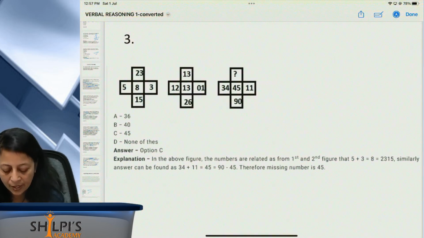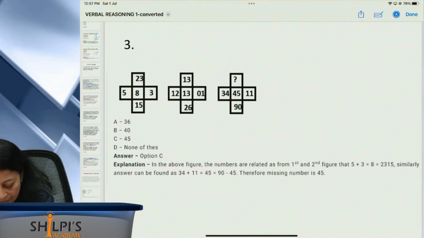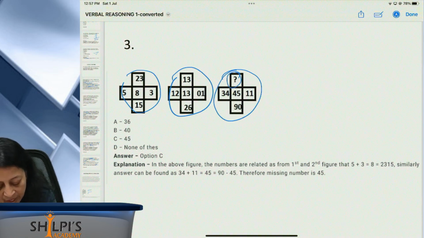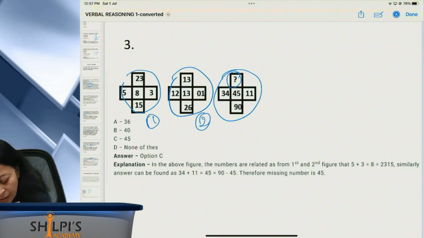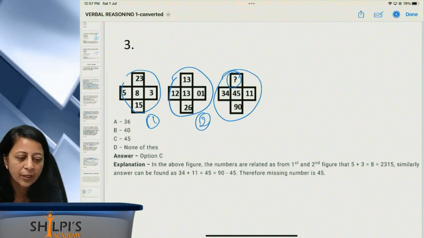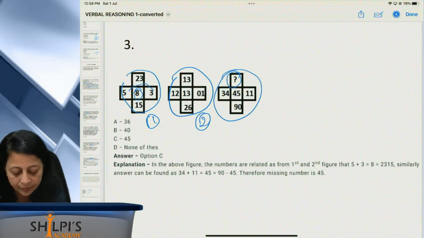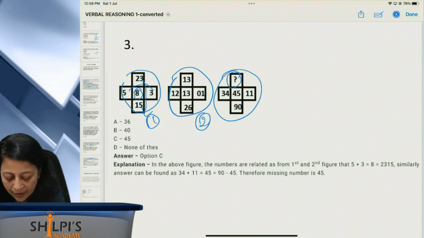Next type of question is, here they have given all 5 digits, here also 5 digits, here only 1 digit is missing. So, first let us find the relationship between the first figure and second figure, then get to know about the third figure. In the above figure, the numbers are related as: 5 plus 3, when you add this and this you get 8, and when you subtract this and this you get 8.